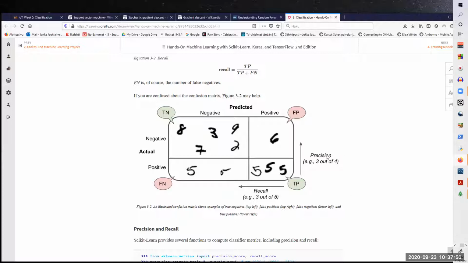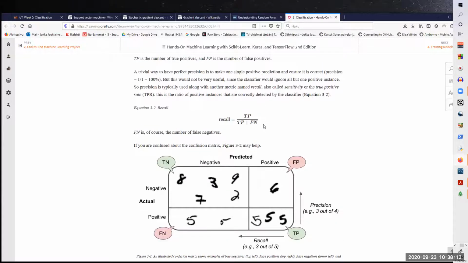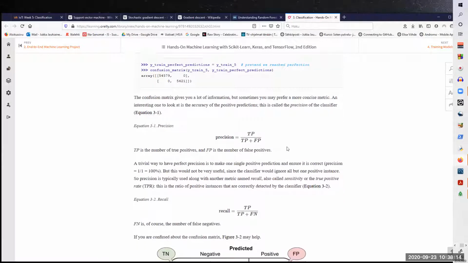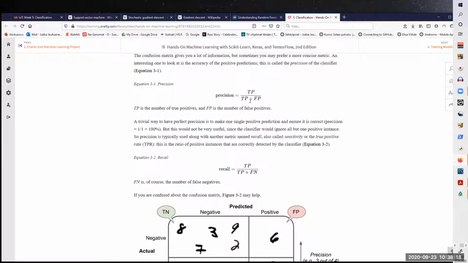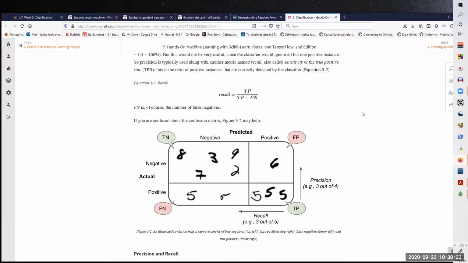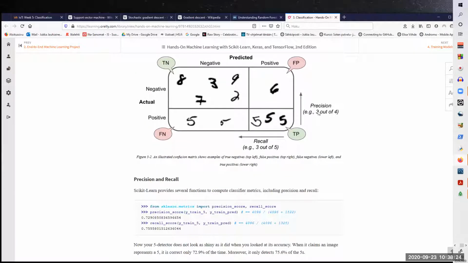In this example, the number of true positives is 3, and false positives is 1. So in the denominator we have 4, and in the numerator we have 3, so the precision is 3 out of 4.